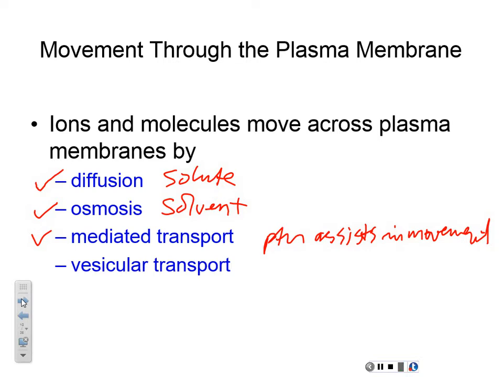Primary active, secondary active, and we'll talk a little bit about secondary and primary active, because you had a few questions wrong on the secondary active. And facilitated diffusion. Facilitated means a protein is facilitating the diffusion, moving that substance. All these are examples of mediated transport, as long as some protein is assisting in the movement.